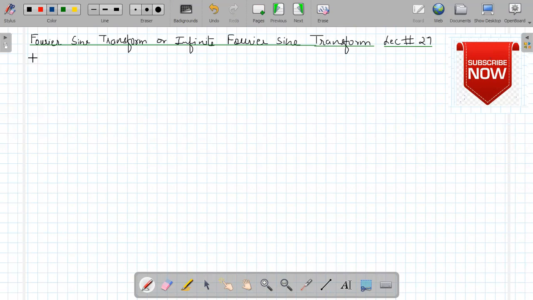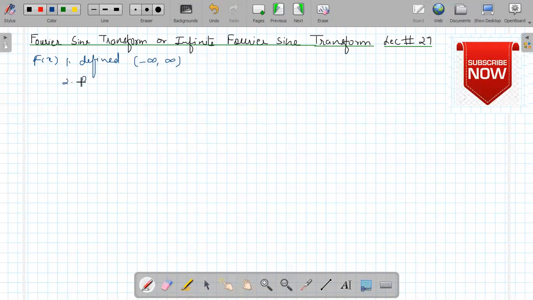So let's start. Let us be given a function f(x) which is defined on the interval minus infinity to plus infinity, and in each partial subinterval of this interval the function is piecewise continuous. So the first condition is that it is defined on this interval.